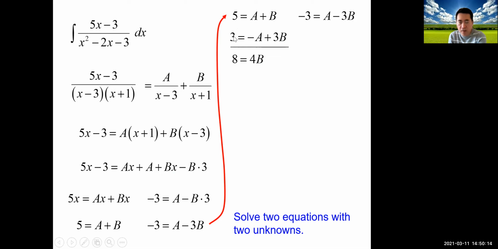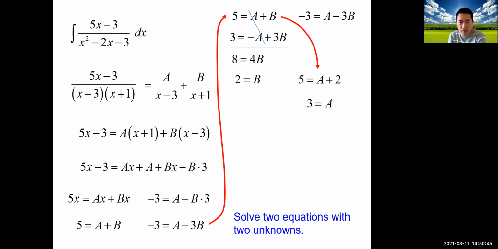Left-hand side, 5 plus 3 is 8. The right-hand side, you see how the a got canceled. b plus 3b is 4b. From there, of course, b has to be 2. Once we have b to be 2, using the first equation, plug in: 5 equals a plus 2. That means a is 3.